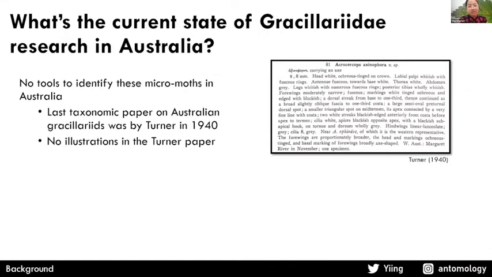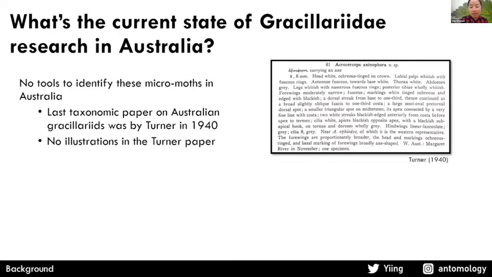In addition, when we think about the state of this group in Australia, there are actually no tools to identify these micromoths. As I said, some of them are pests and some can exhibit pesty behavior, and some feed on a lot of different plants, but there's no ability to really identify them with either molecular or morphological tools.